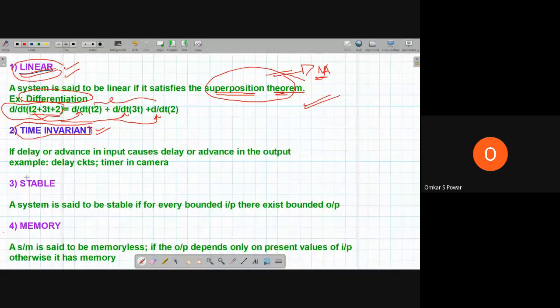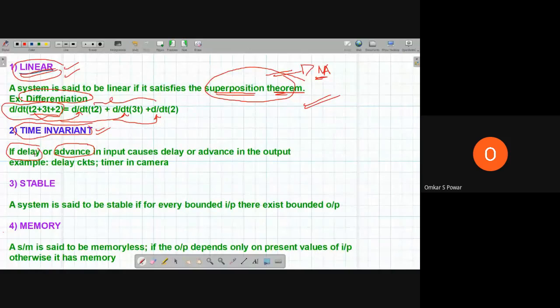The second one is time invariant. Say there is a train delay. What does that mean? It has been delayed, or there is a train which has come 15 minutes early, so it is advanced. Think in terms of time.